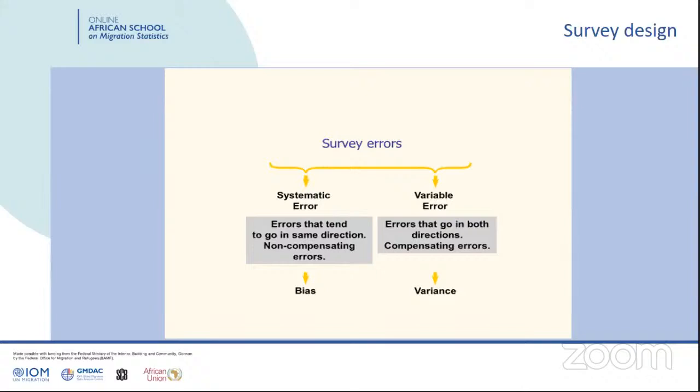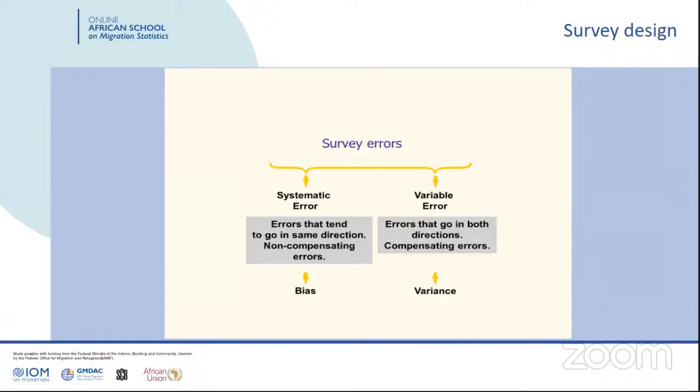If we ask a question about how tall are you, then people tend to answer as correctly as possible. But they may put 1 centimeter too much or 1 centimeter too less. So in that case, we would have a variable measurement error, an error that goes in both directions.